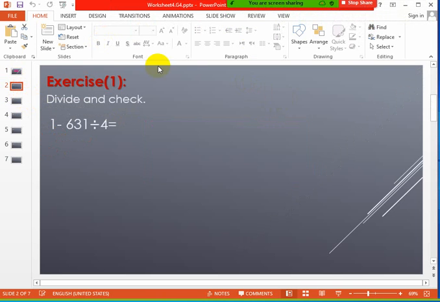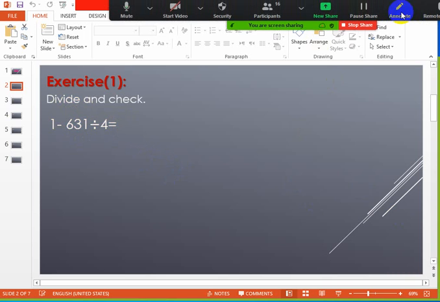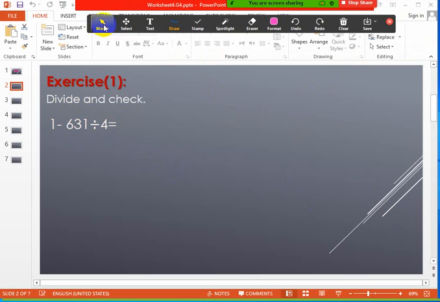Divide and check. You remember this kind of question, how I will divide a multi-digit number by a one-digit number, and how I will check after that if my answer, or the quotient, is correct or not. So let's start with the first one. This is the dividend and this is the divisor. I want to find the quotient.